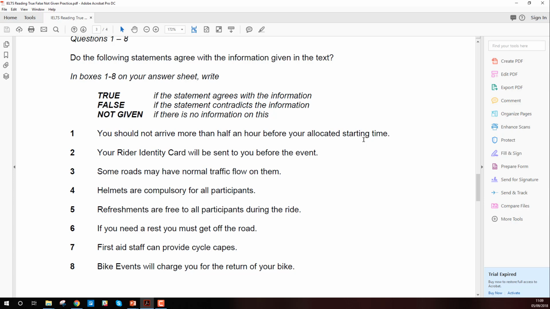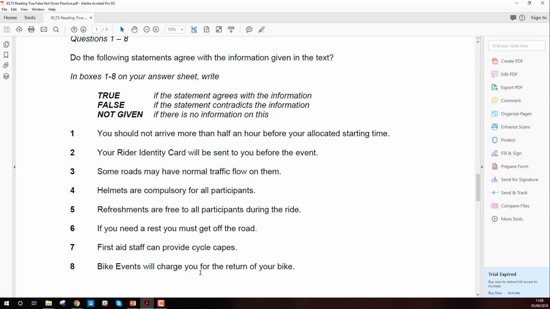Bike events will charge you for the return of your bike. Bike events, both of these is capitalized, so this is probably a company or an organization, because the first letter is a capital, so it probably means it's a company or some sort of organization or a club or a charity or something like that. Will charge you, there'll be money involved for the return of your bike.